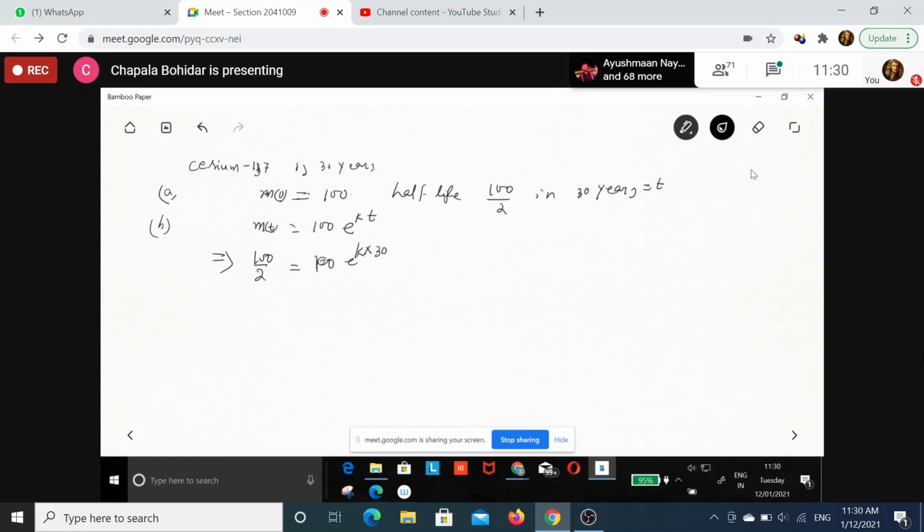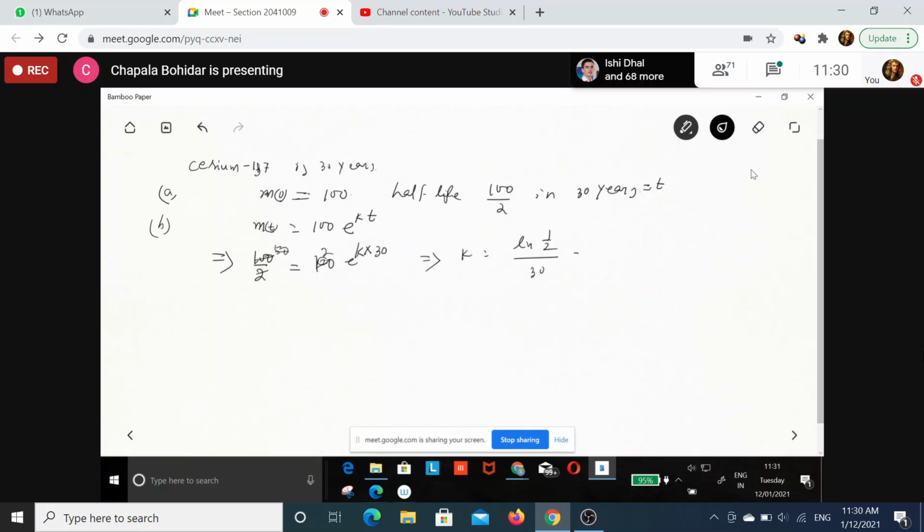Minus 0.02310. All of you got it? The value of k is equal to ln 1 by 2 divided by 30.